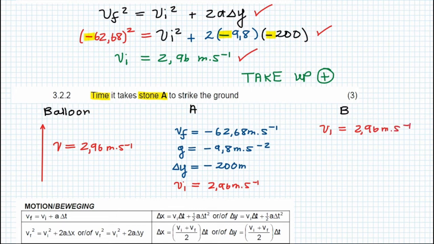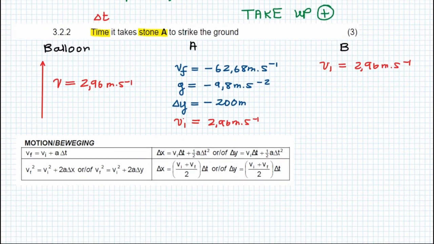Now we would like to know the time that it takes stone A to reach the ground. My apologies if I said ball instead of stone at any point. We would like to calculate this time. And we know that we can make use of an equation of motion. But there is so much information that we now know about stone A that there are many different methods you could have used to calculate your answer to this question.